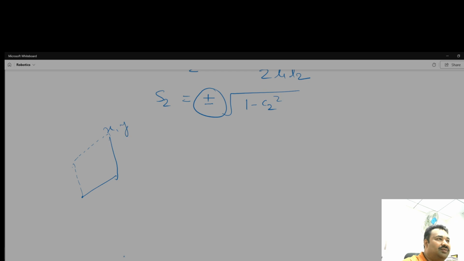This is the goal point, meaning x, y, and this is the base of the robot. So this configuration is known as elbow down posture, and this is the elbow up posture.